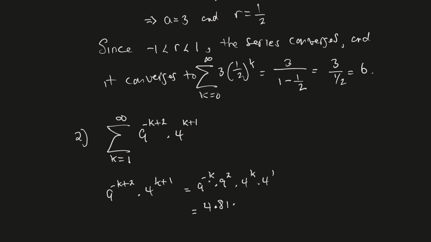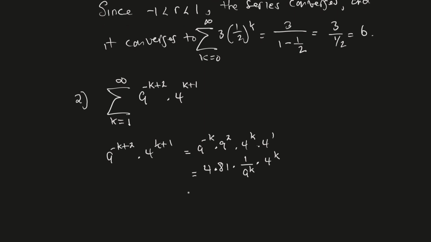Then what about this 9 to the negative k? Well, 9 to the negative k can be written as 1 over 9 to the k, and then I have times 4 to the k. So, as far as the constant, 4 times 81, that is 324, times, and then the 4 to the k over 9 to the k is the same as 4 over 9 to the k.